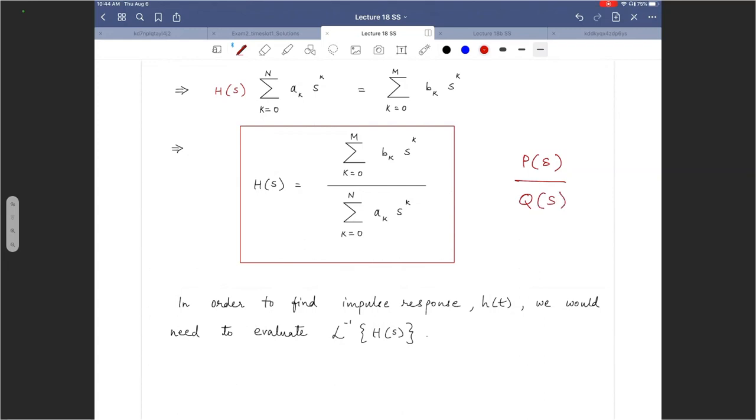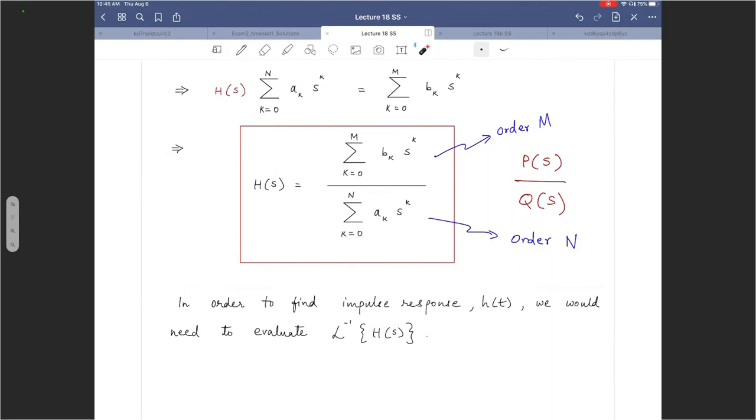That's the numerator polynomial. And here you have order capital M, and this is order capital N, the highest power of s. So once you do that, what is left?